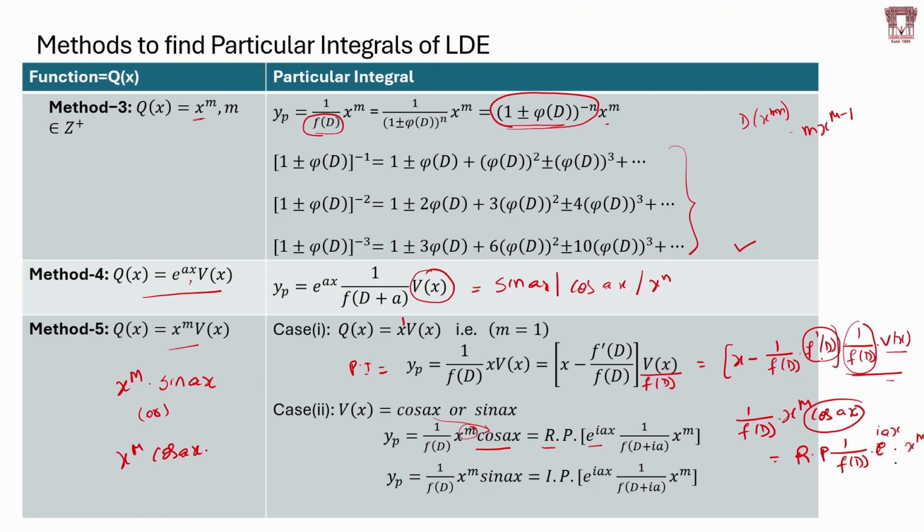Like this you need to find it out. Otherwise, if it is a sine case, sine is replaced with the imaginary part of e power iax, and you can use this.